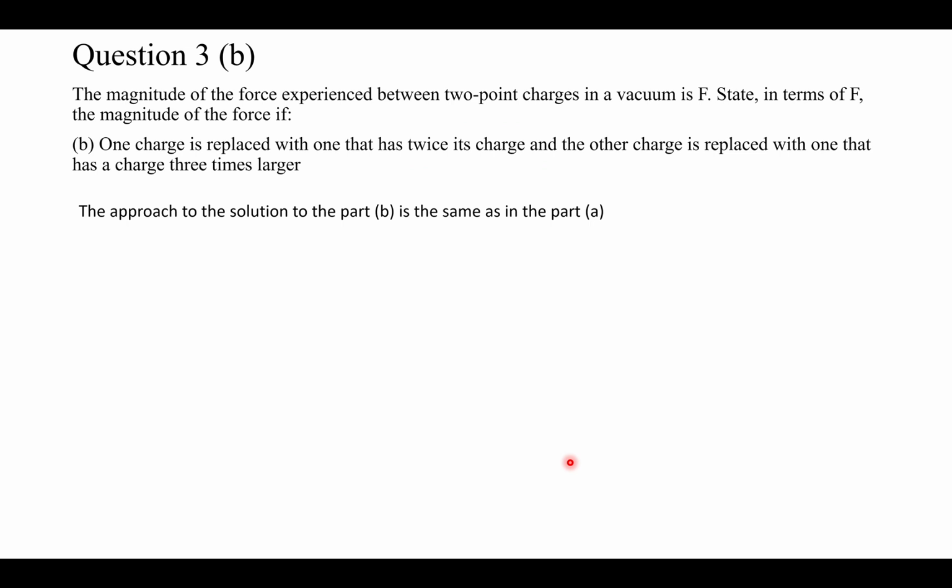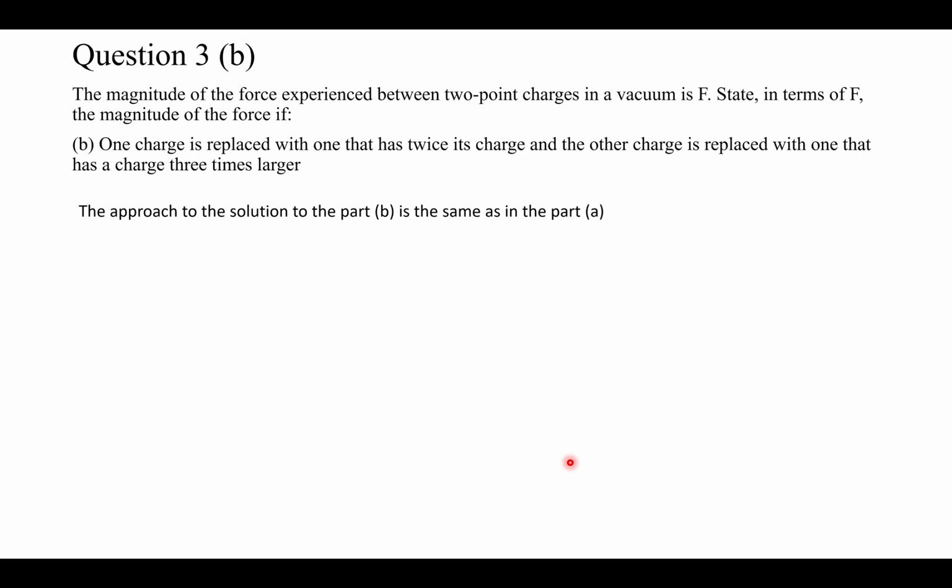Alright, let's have a look at part B. Okay, the same on the top. Magnitude of the force experienced between 2-point charges in a vacuum is F. State in terms of F the magnitude of the force if one charge is replaced with one that has twice its charge and the other charge is replaced with one that has a charge 3 times larger.